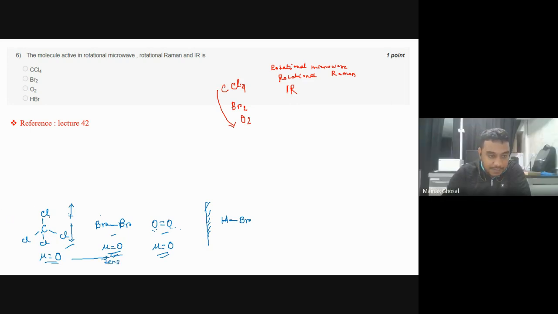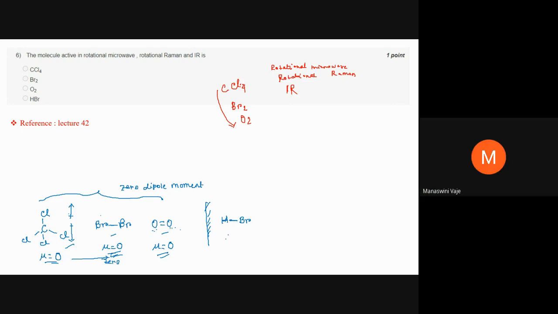Will this be possible for HBr? No, because the two atoms are different.